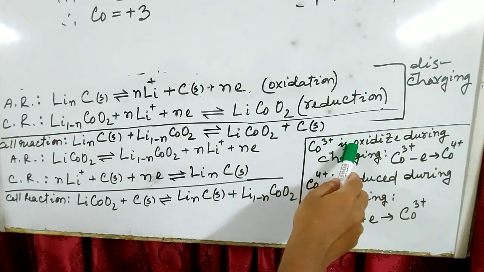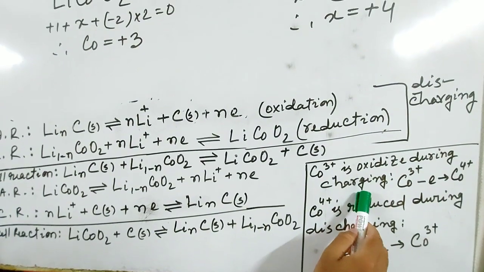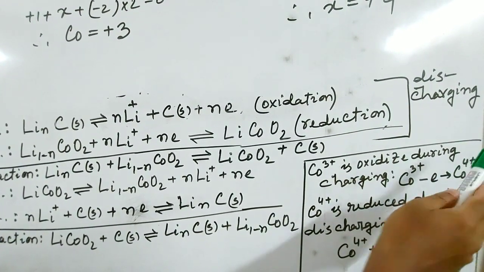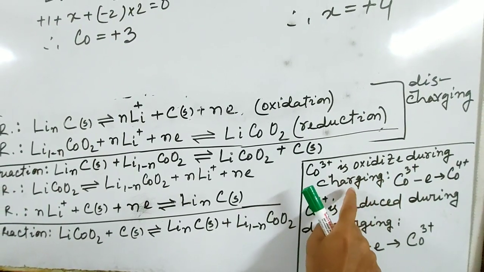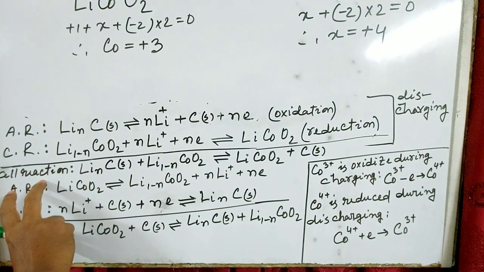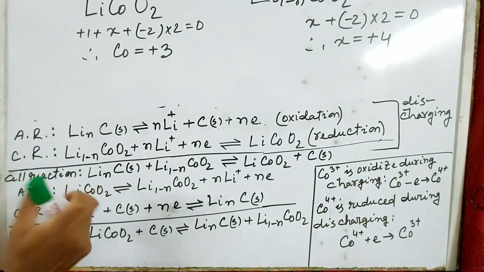Cobalt 3 plus ion is oxidized during the charging. Cobalt 3 plus ion releases electrons to form cobalt 4 plus ion during the charging. This is actually the charging part, and the oxidation reaction occurs in the anode.